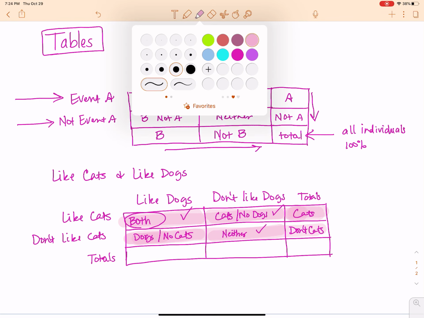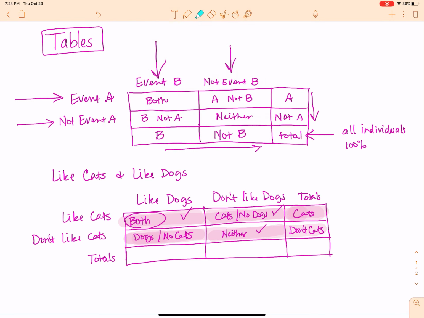All right, now let's look at some different totals. I'm going to switch colors here. In this column, these people all like dogs. So all dogs. It just happens to be that some of these people also like cats, but all of the people in this column like dogs.